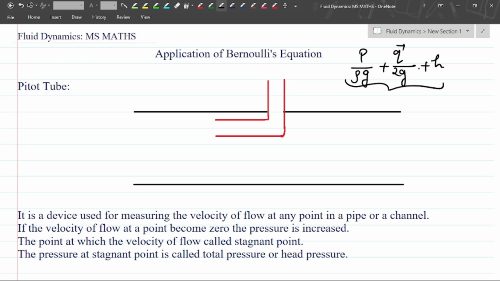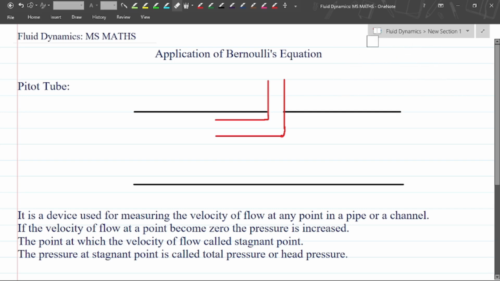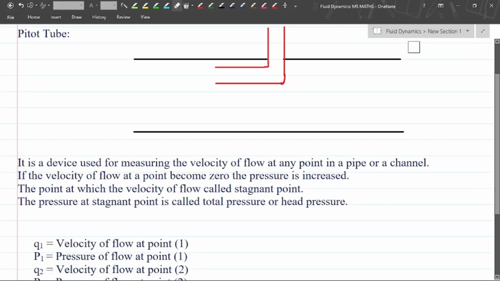We have already discussed what Bernoulli's equation is, and you can watch the previous video. In this particular case, we'll use the Pitot tube. So what is the Pitot tube? It is a device used for measuring the velocity of the flow at any point in a pipe or a channel. If the velocity of the flow at a point becomes zero, then pressure is increased and the fluid will rise in a tube.